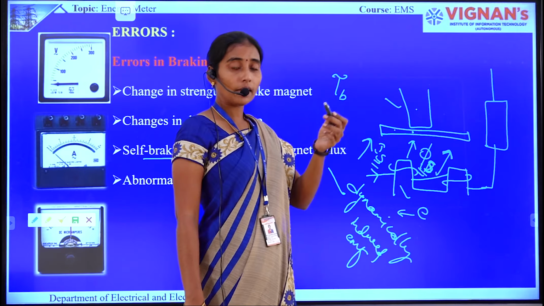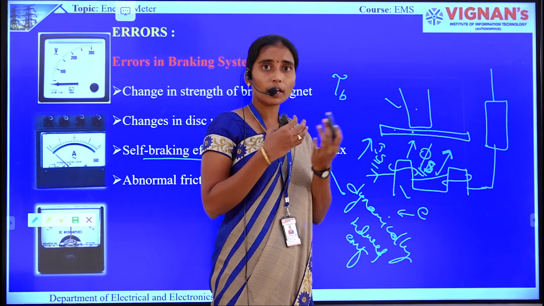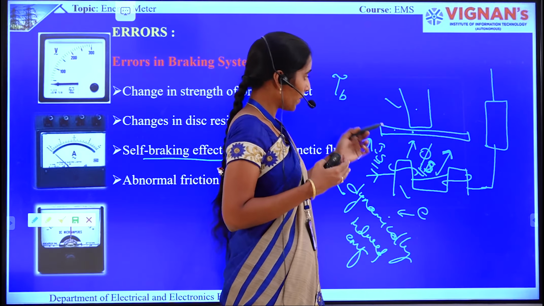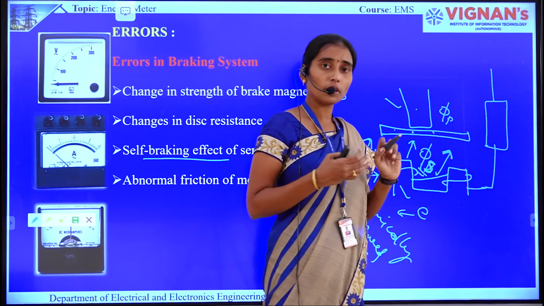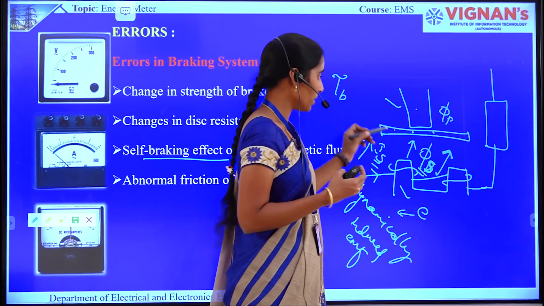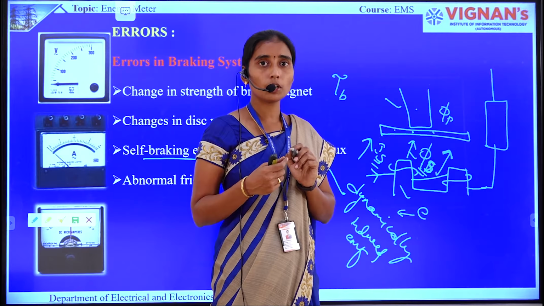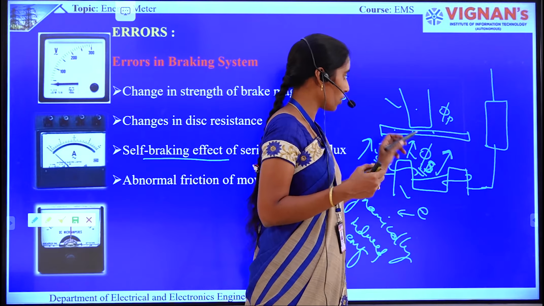In general, the driving torque is produced by statically induced EMF. Initially, your aluminum disc is not rotating, so no rotating parts, and because of the cutting of your flux phi p, an EMF gets induced in your aluminum disc. Similarly the case with your phi s2. That EMF is nothing but your statically induced EMF, but this EMF is due to the rotation.